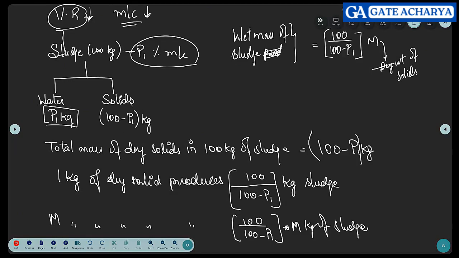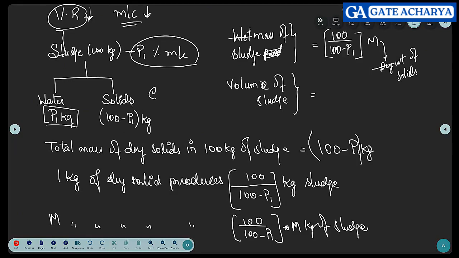What will be the total weight of the sludge? It can be arrived at by knowing the weight of solids and the moisture content. So now we have the mass of sludge. How do we arrive at the volume of sludge?